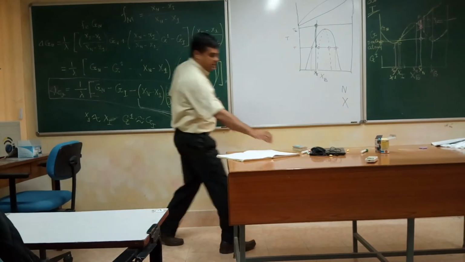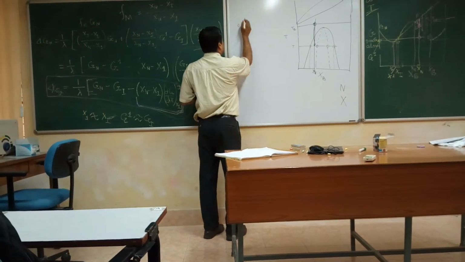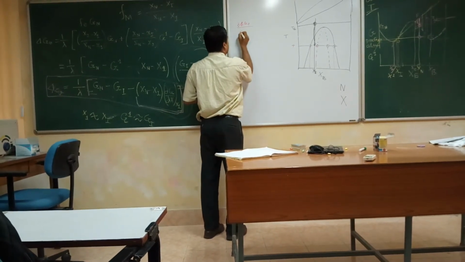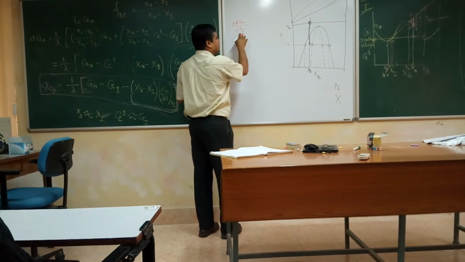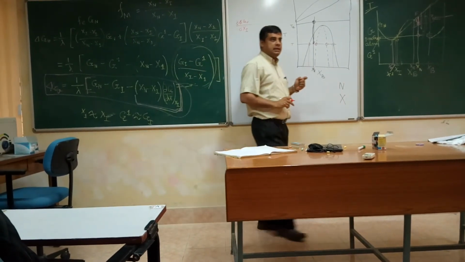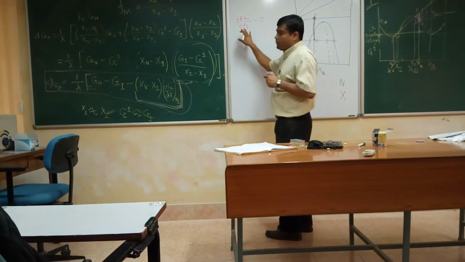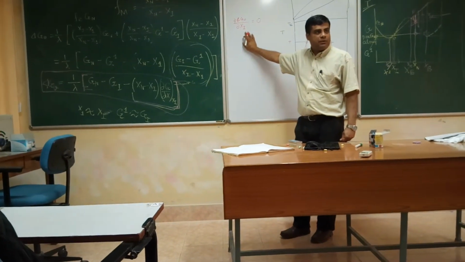What I want you to do in your notebook is take the derivative of delta GV with respect to xi and make it 0, to find out for what alloy composition, starting alloy composition.